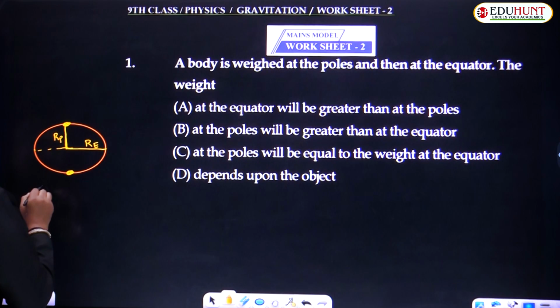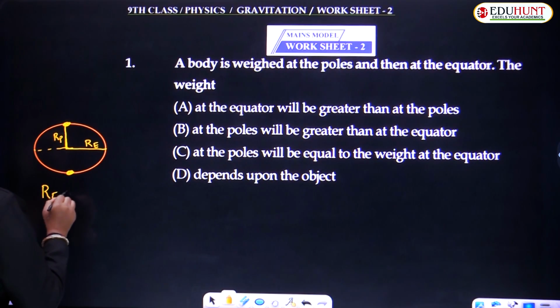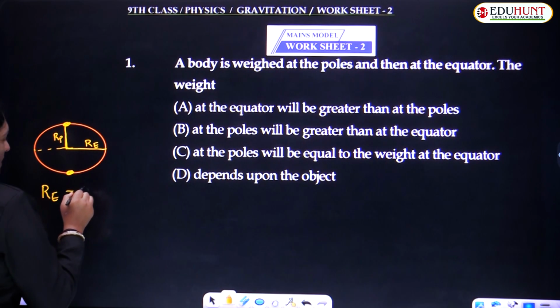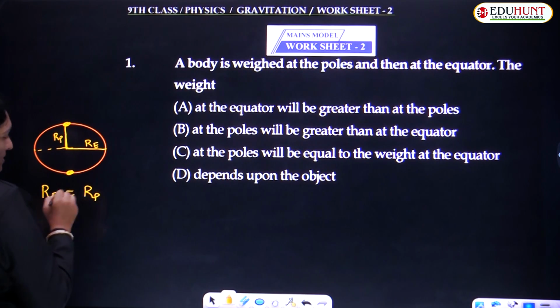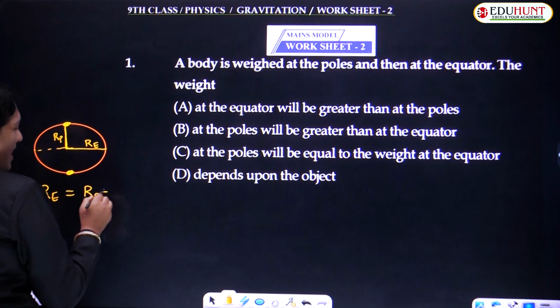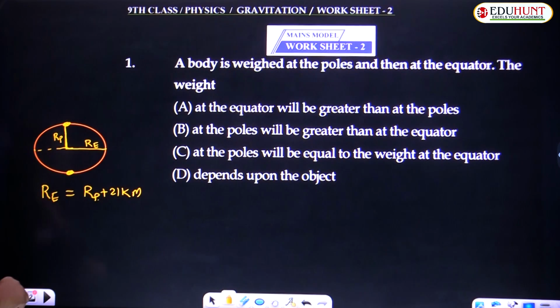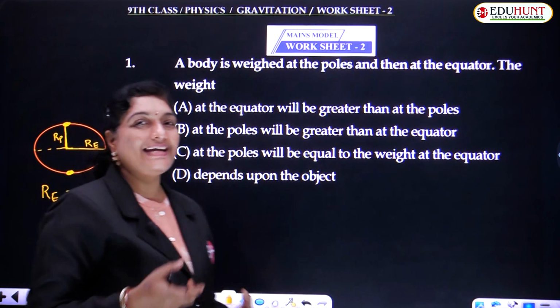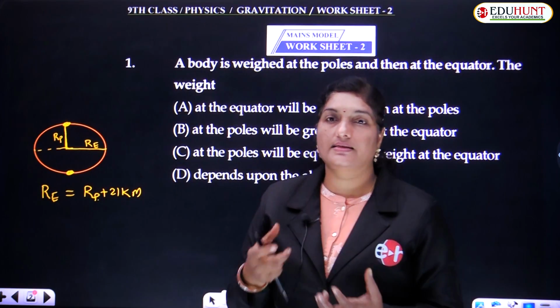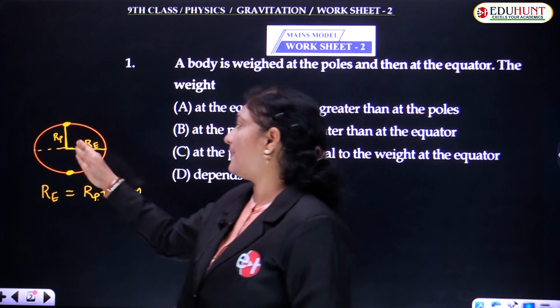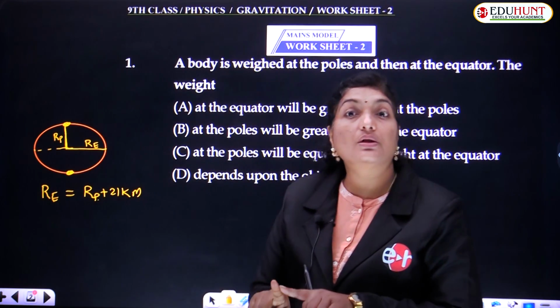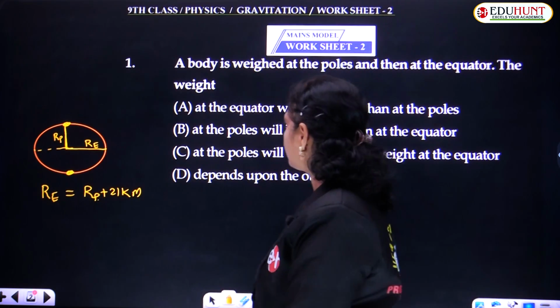If you add 21 kilometers to the radius at the poles, this will give you the radius at the equator. So a slight difference in the radius is observed when comparing the poles and equator. They are not the same.